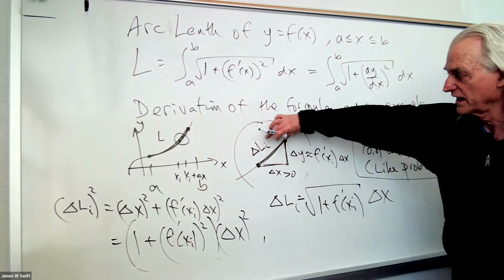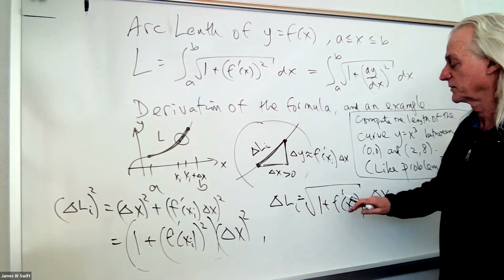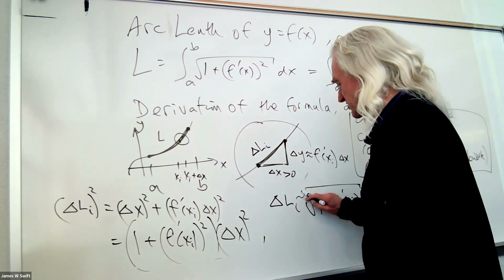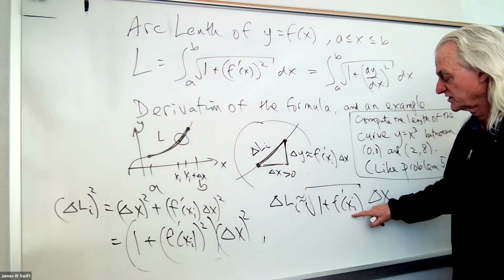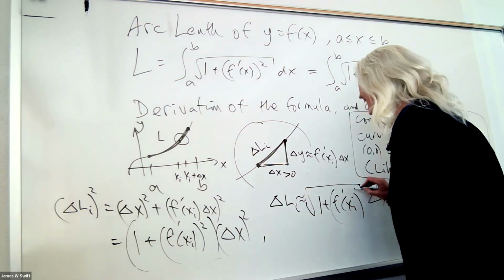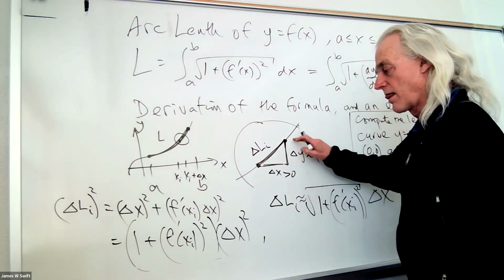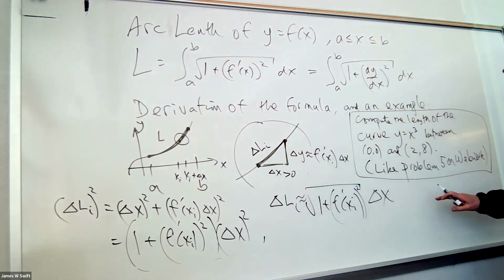So that length there is approximately equal to the square root of 1 plus the slope squared, times delta x.